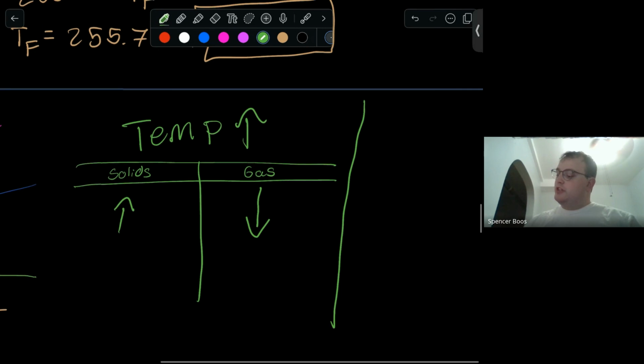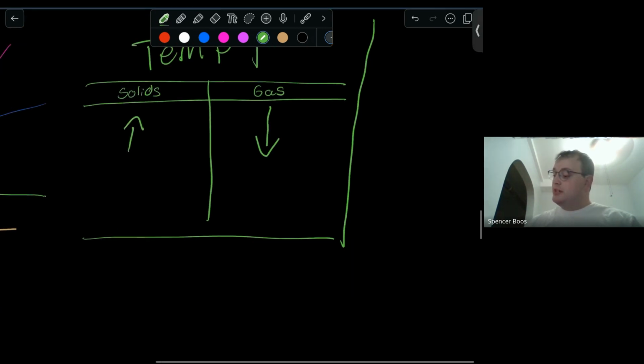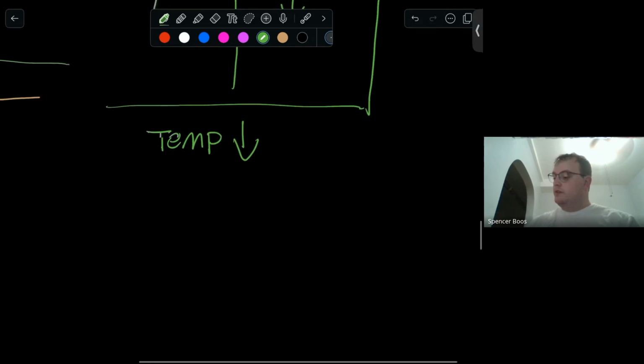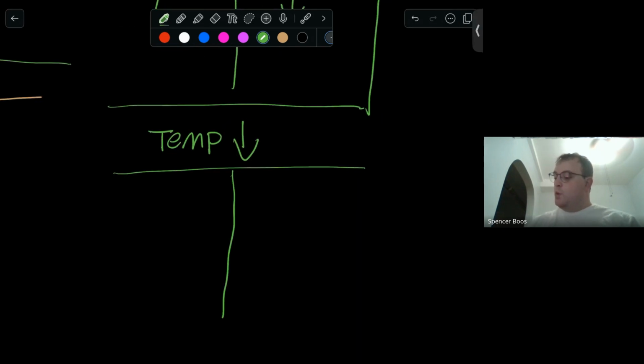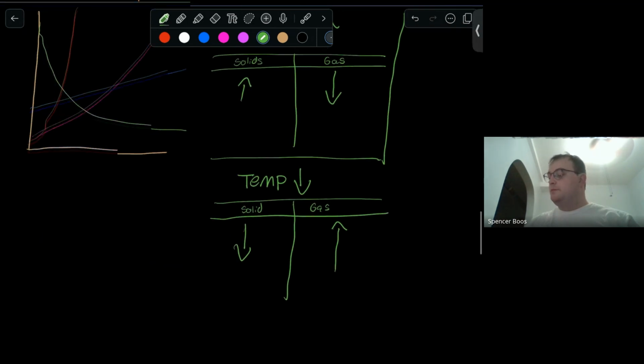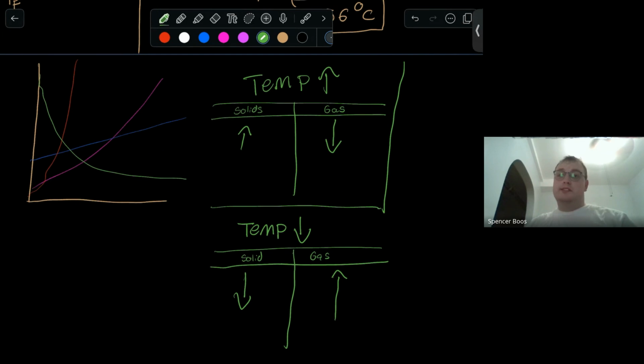Now, I'm sure you can predict what happens for temperature going in the opposite direction. As temperature goes down, gases go up, solids go down. So a good way to remember it: solids always stick with the temperature, gases go against it, because gases like to be their own thing.